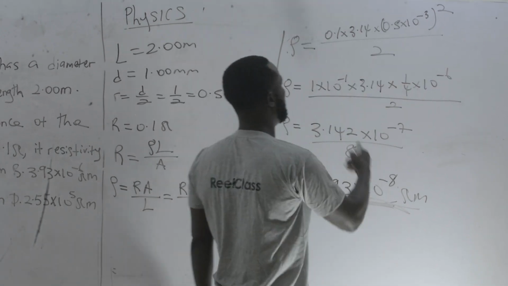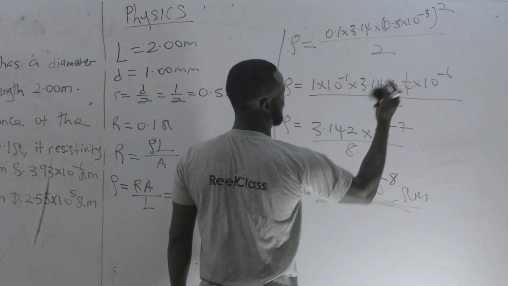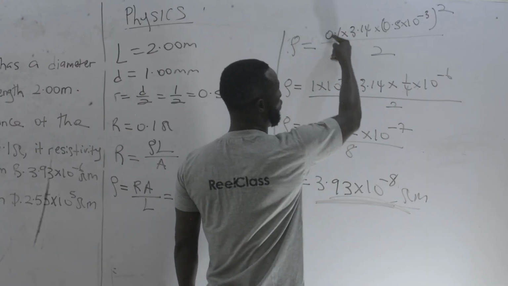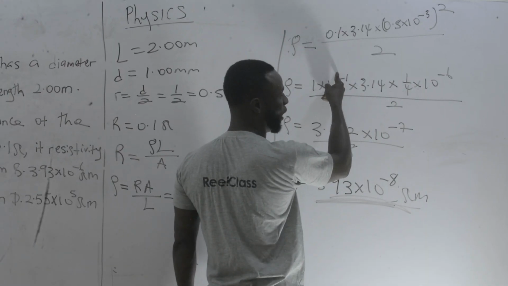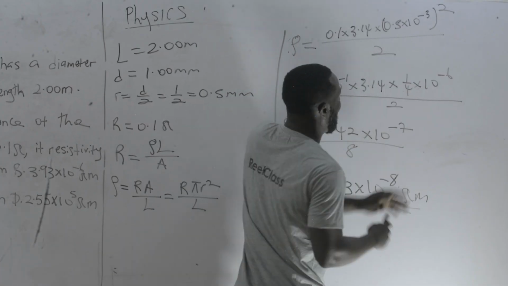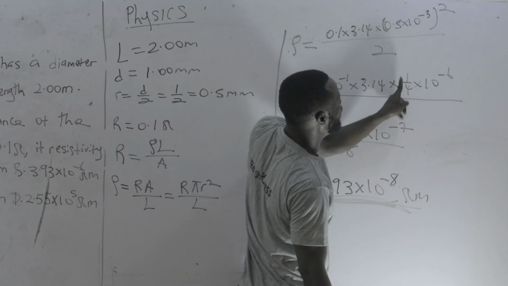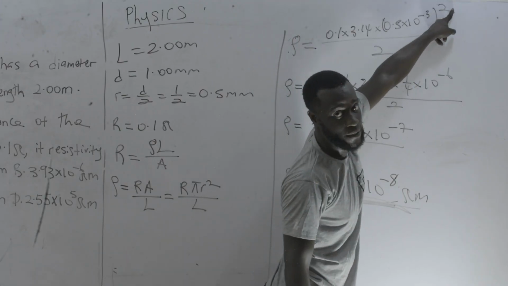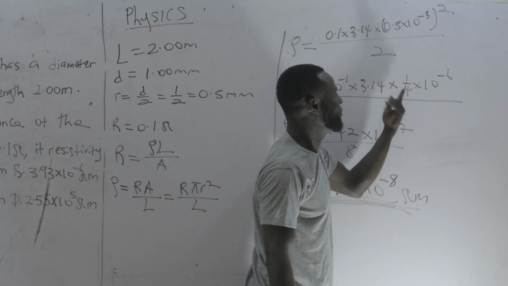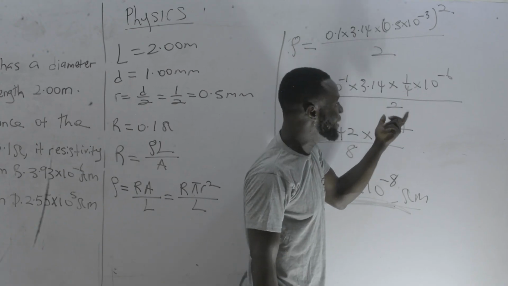Now, it will be easier for me to convert this upper part to standard form so that I can easily do my calculation. Move this backward once, I will get times 10 power minus 1 times 3.14 times 1 over 4. I change 0.5 to 1 over 4 because I will do 0.5 squared; 0.5 squared is the same thing as 1 over 4. I'm doing this so that my calculation will be easier.